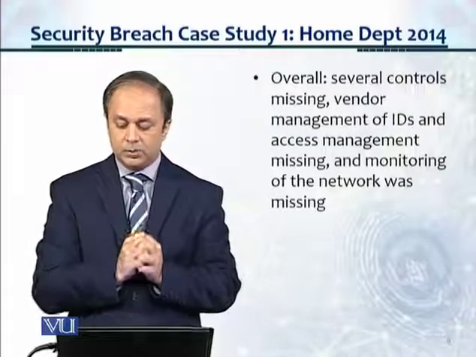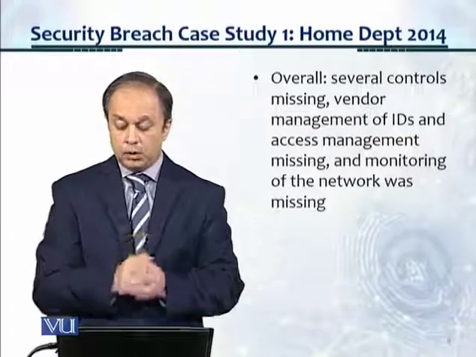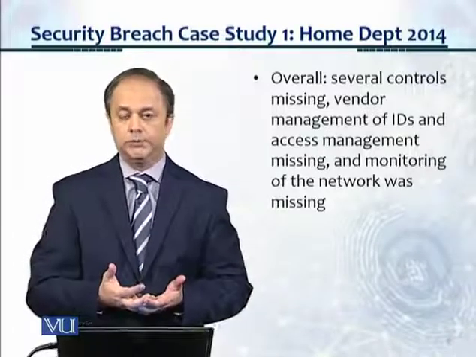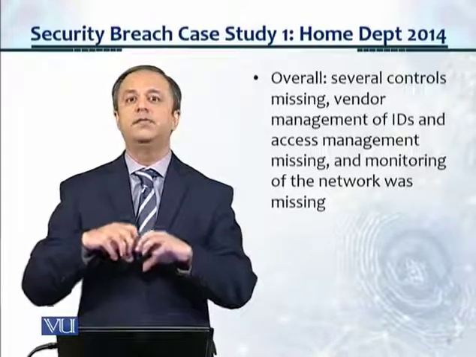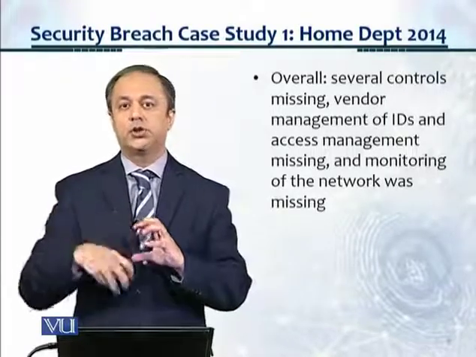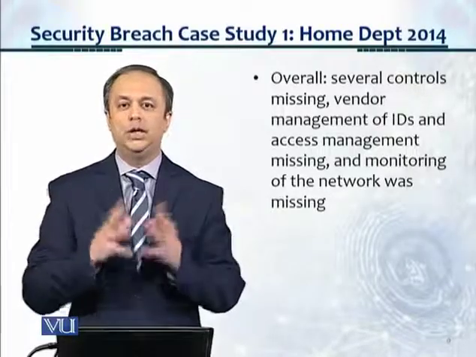The vendor management of IDs and access management was missing, and monitoring of the network was missing also. So one of the important aspects that is being referred to here is the vendor management, which is a third-party network management. And this always becomes the Achilles heel or the weak point.